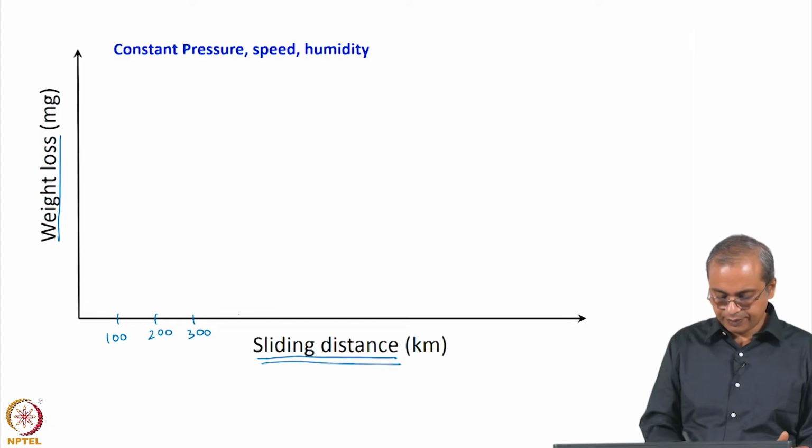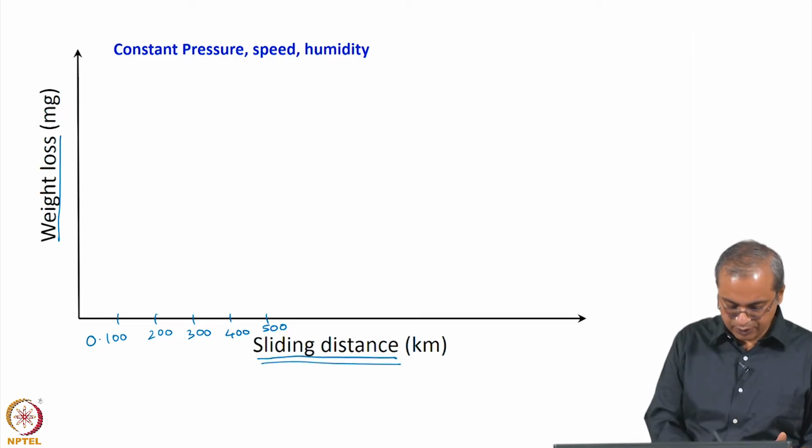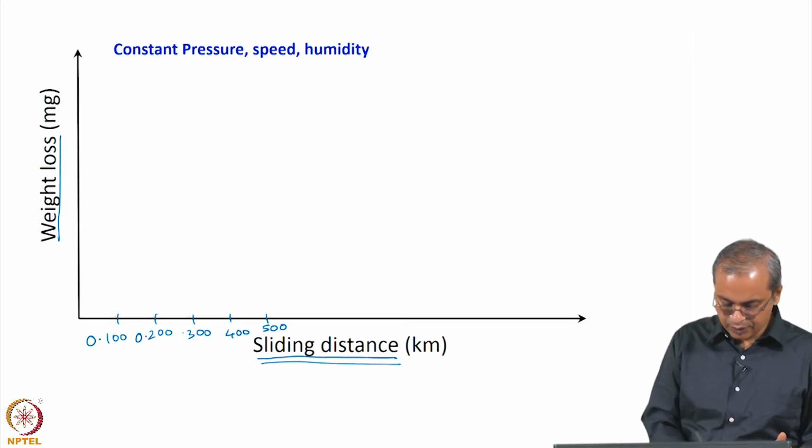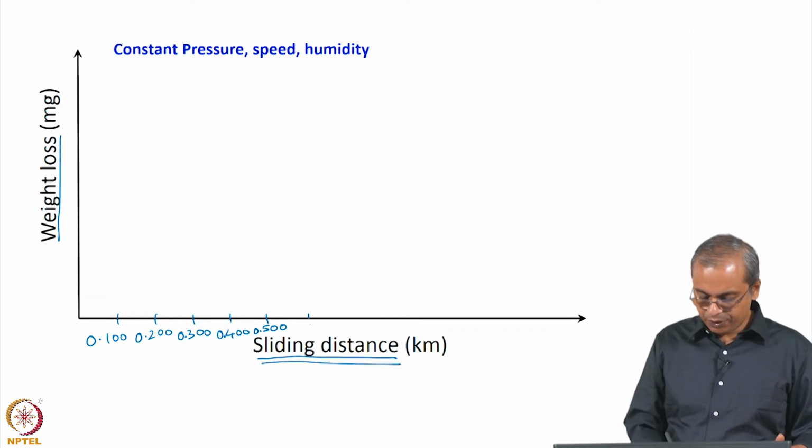300, okay. So, this is marked in kilometers. So, we will mark it as 0.1, 0.2, 0.3, 0.4, 0.5. So, 0.5 kilometers. So, you can have 0.6.